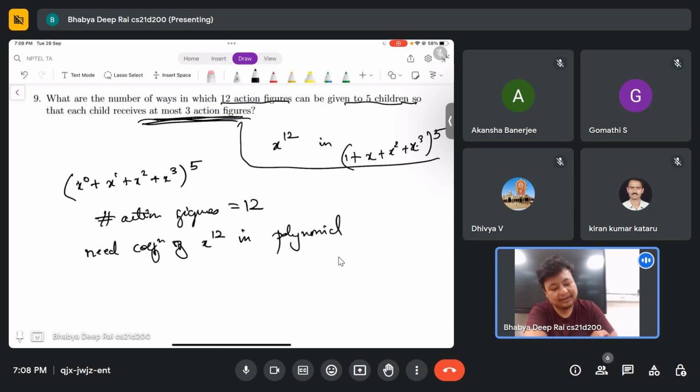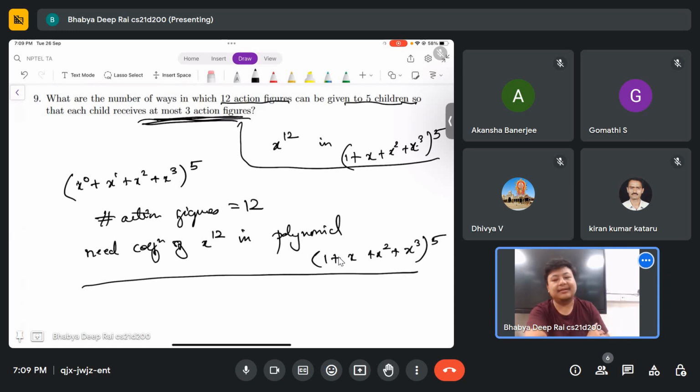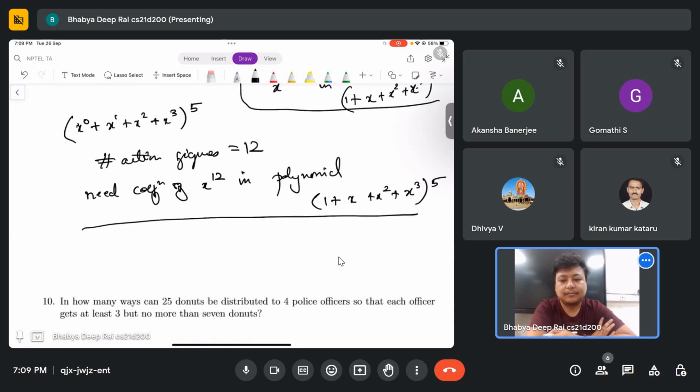Which polynomial? This polynomial: x to the power 0, which is nothing but 1, plus x square plus x cube, whole power 5. And this is your answer. Good, I hope that is clear.